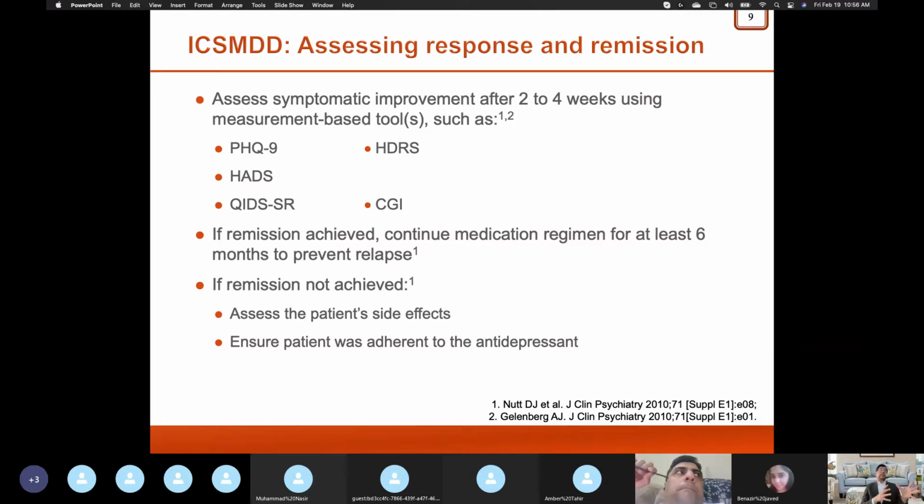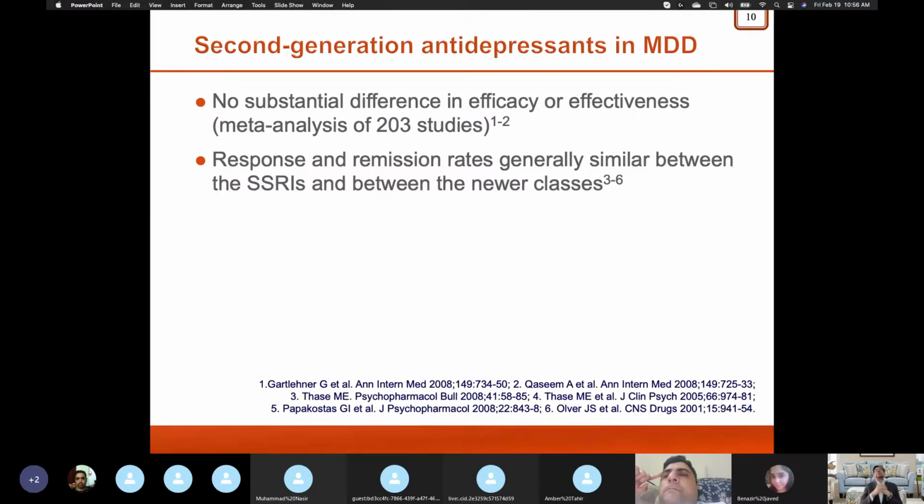If a patient is having a sexual side effect, like SSRIs can cause anorgasmia, and the patient says that I don't have orgasm with the SSRI, please take it seriously. Don't dismiss it because she's a female or he's a male, and because you feel that this is not important as compared to depression. This is not the situation. You have to address it and ensure the patient remains adherent to the treatment.